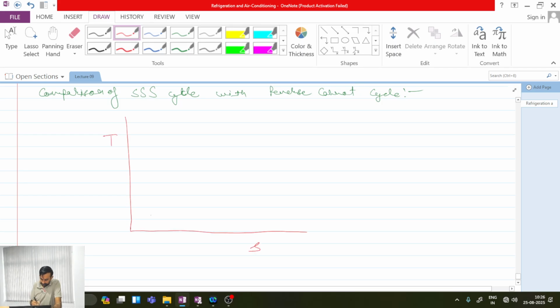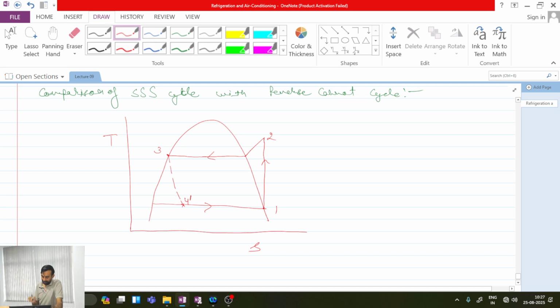Let me first draw the triple S cycle. Is this point clear?